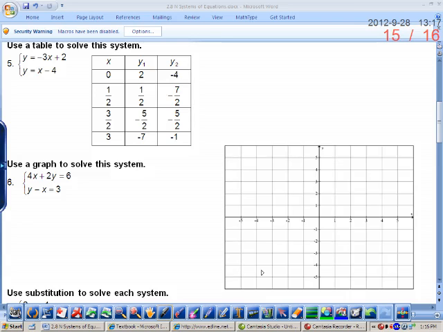Okay, what do you mean by where they intersect? Okay, and if they meet somewhere, what's true about that point? Yeah, the point has to be on both lines. So I'm looking for a point on this table that is on both lines. Okay, that's not a point.